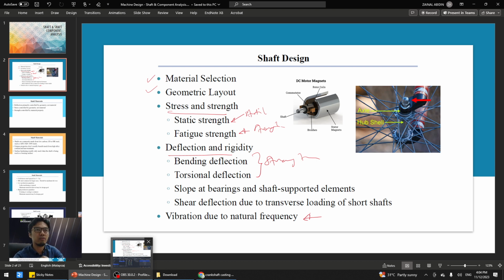So your shaft will break due to natural frequency.